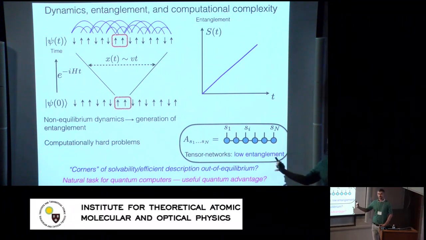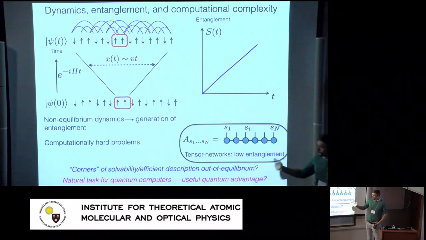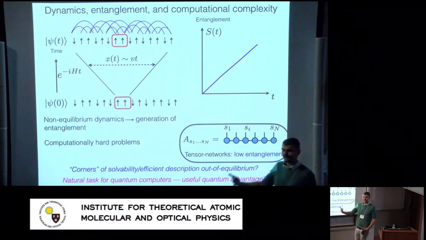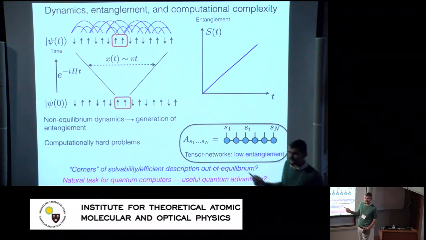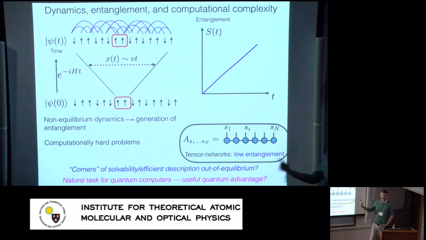And therefore, you expect that many of the problems of non-equilibrium dynamics would also be computationally hard. On the one hand, this poses a challenge for theory to find corners and cases where we can either have some form of solvability or still have an efficient description despite the fact that the wave function becomes very entangled. And naturally, that's been one of the main targets for quantum processors, looking for useful quantum advantage.